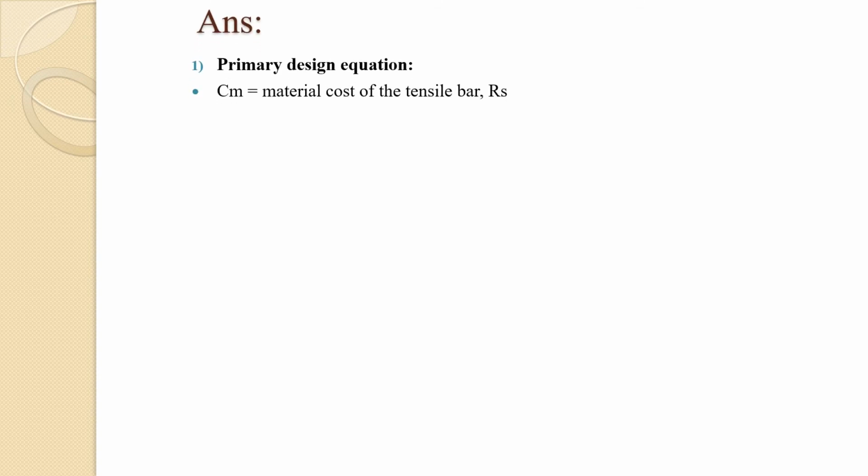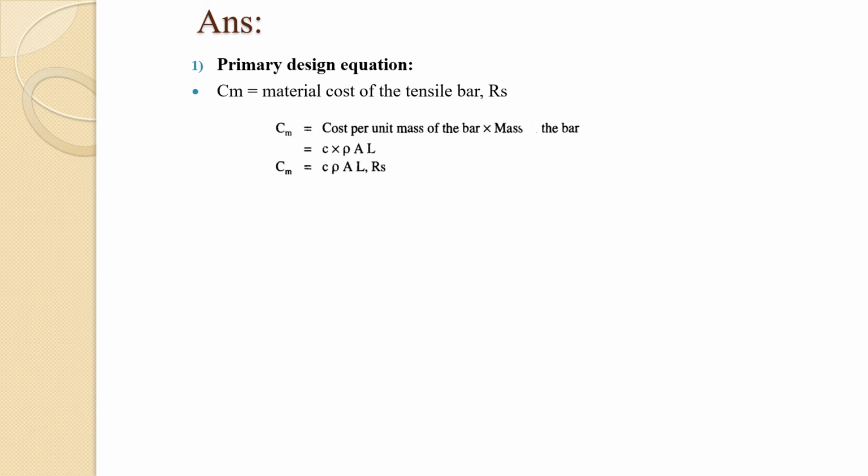Now we will see the answer of this numerical. First, primary design equation. The main functional requirement is minimization of the cost of the bar, that is the material cost of the tensile bar. We have to minimize capital CM.